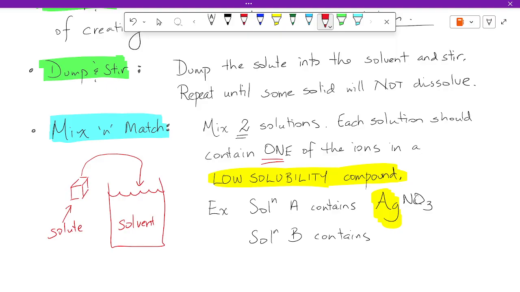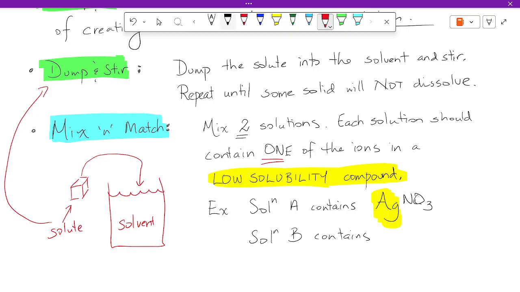Okay, this would be like for dump and stir. I should have drawn it up with dump and stir, but the question came now, so that's where it went. Yes. Sorry? NaOH? Sure.